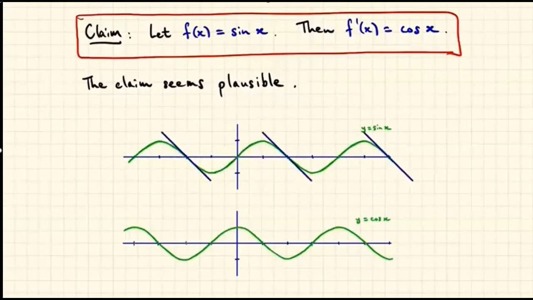And notice that cos x takes the value negative 1 for exactly the same inputs. So our claim is looking plausible based on these samples of points.